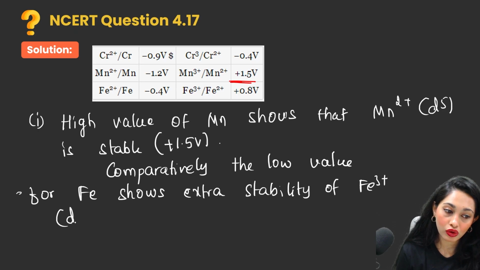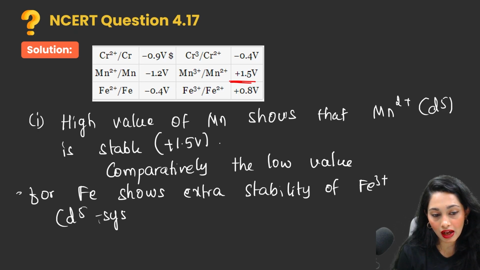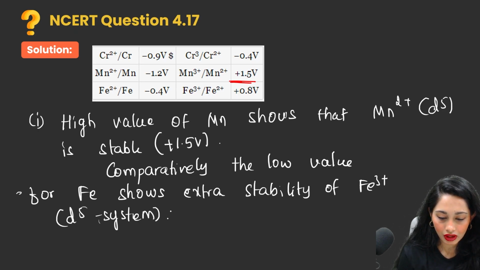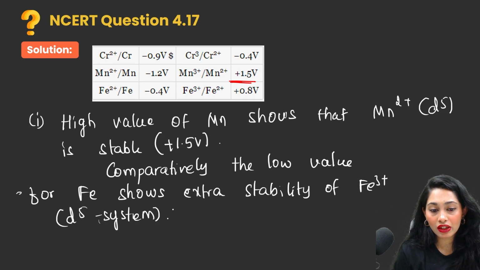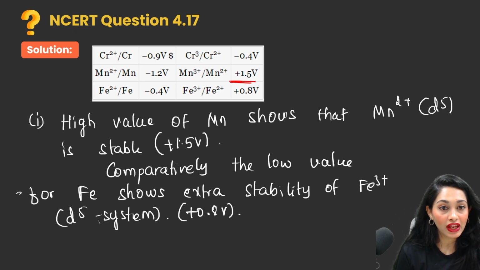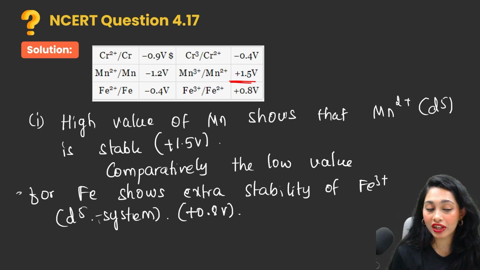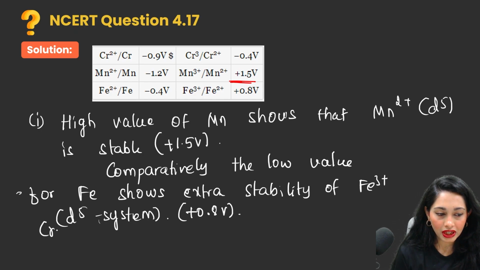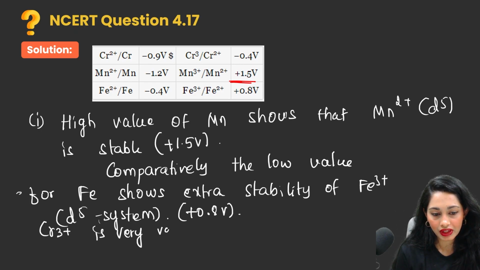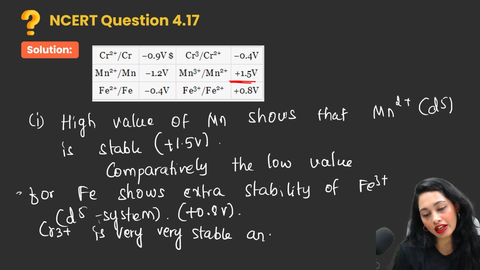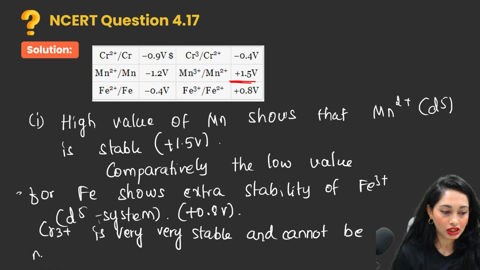Fe3 plus is also a d5 system, half filled. Plus 0.8 volt. Next we have chromium here. It is minus 0.4 volt. So chromium 3 plus is very, very stable and cannot be reduced.